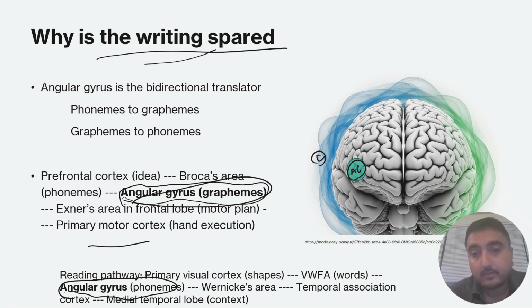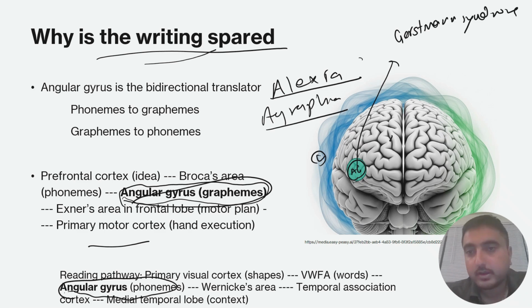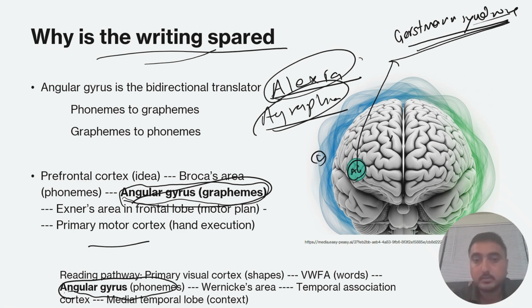So you will have in that case agraphia as well as alexia. So the lesion of the angular gyrus is called the Gerstmann syndrome. This is not related to PCA stroke, but I just want to tie it in over here. So in this Gerstmann syndrome, you'll have alexia with agraphia, just to remember this.